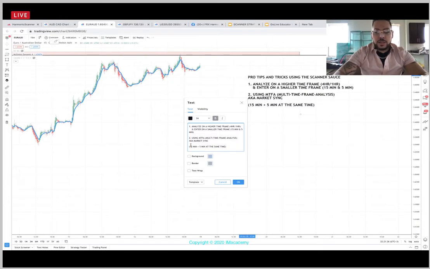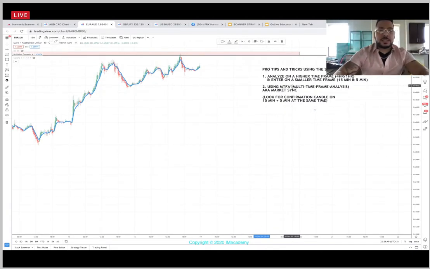We're going to put that over here as your second trick. Look for confirmation candle on the 15 minute and the 5 minute time frame at the same exact time.